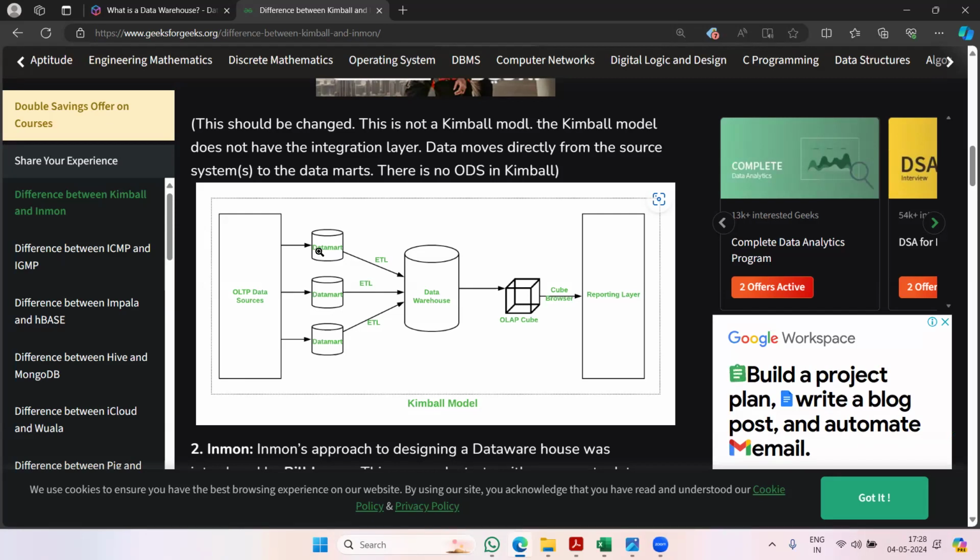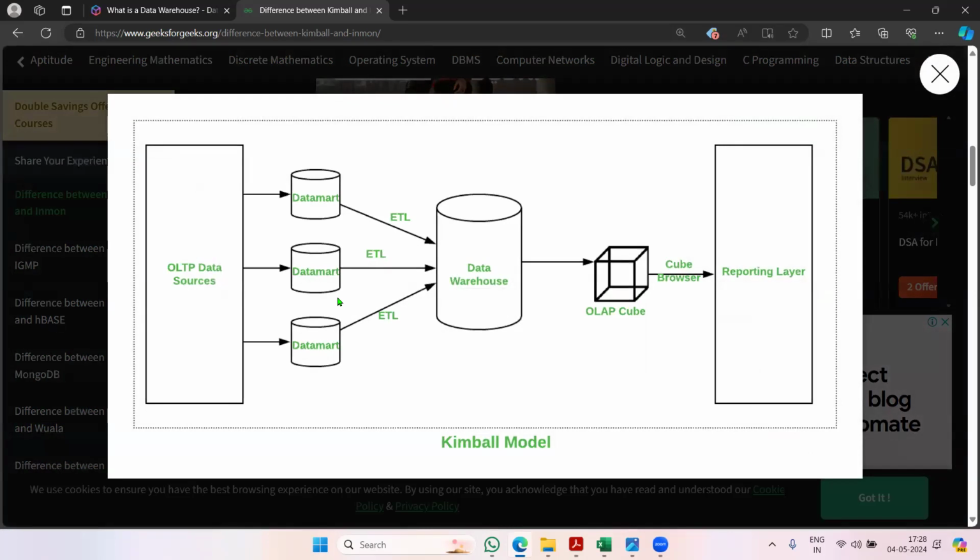Once the data mart is prepared for marketing, we go to the finance department. After that, we go to the manufacturing department. Once all the data marts are prepared, we integrate them into a single data warehouse, so that it can be used by reporting layers like Power BI, right?